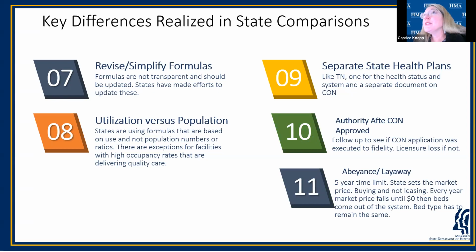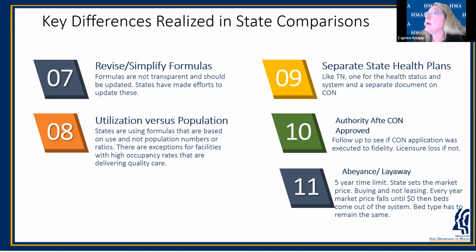If you were interested in looking at a different way to do these formulas and simplify them, again, there was that example in Alabama that, you know, they have a pretty strong opinion that utilization is a much better way to look at this instead of population ratios. And that there are ways to make exceptions for utilization for facilities that have high occupancy rates.